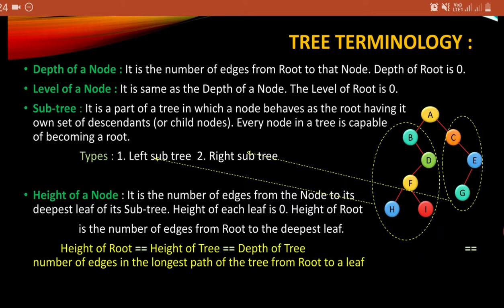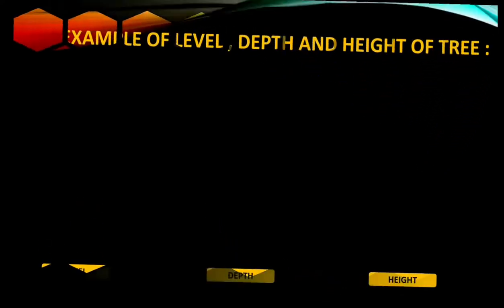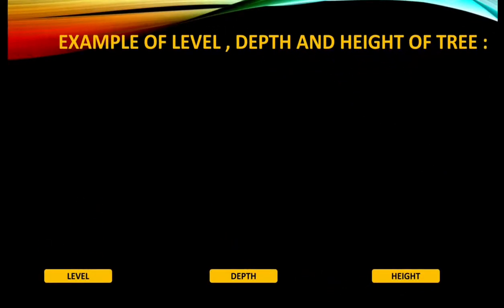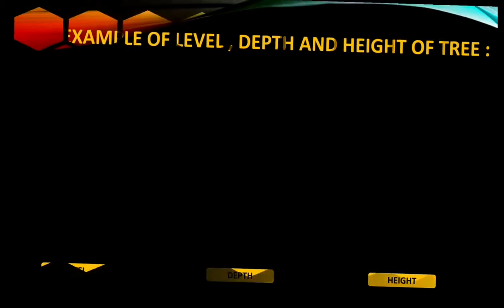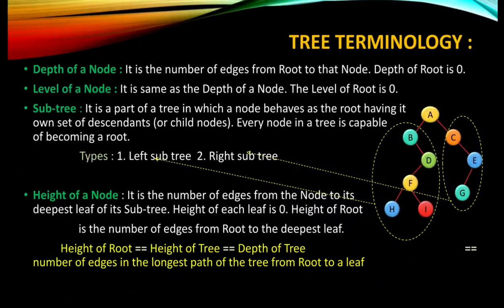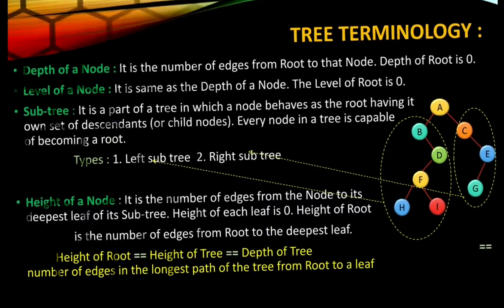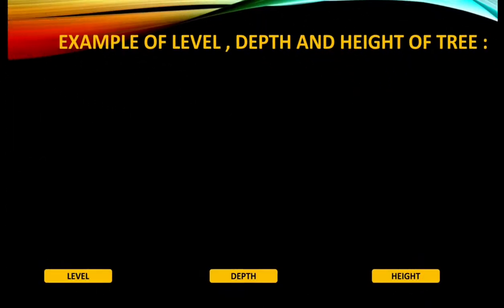And now, one thing we have to discuss is level, depth and height. In a previous slide, I am going to provide you only notes, and in the next slides you have a description of these three things, that is level, depth and height.